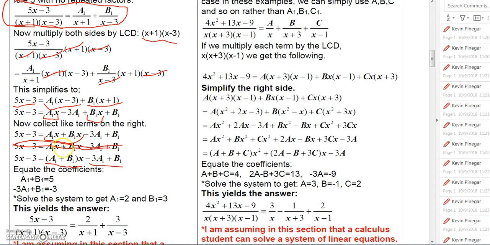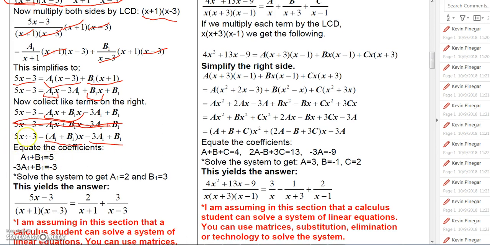Now here's what I want you to realize. The a1 + b1 is the coefficient of the x term, and that must equal the coefficient of the x term over here, 5. So a1 + b1 must equal 5. And then the -3a1 + b1, those are your constants, and they must equal the constant here, which is -3.